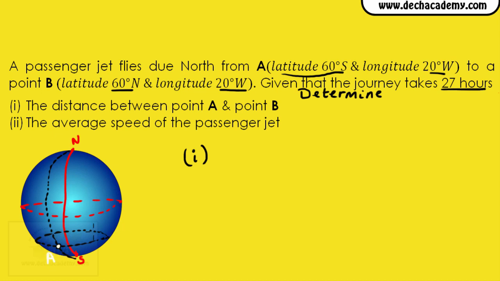Point B is on the same longitude, 20 degrees west, but at latitude 60 degrees north, which is going to be to the north of the equator. So point B lies at the intersection of this line of longitude and this line of latitude. So this is point B. With the center of the equator and the center of the sphere, point O, I can form a sector, as you can see.